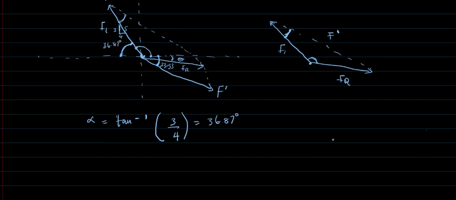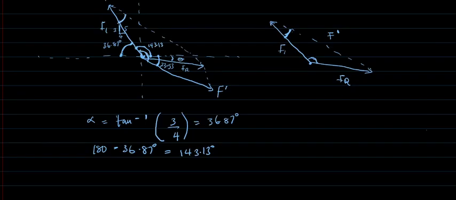Then to get the degree from here to this point, we can simply say 180 minus 36.87 degrees, which is equal to 143.13 degrees.